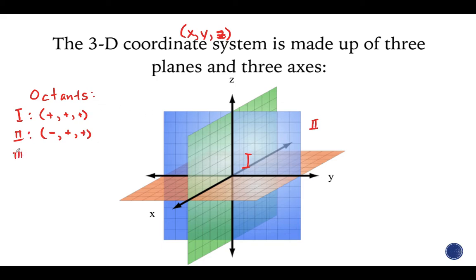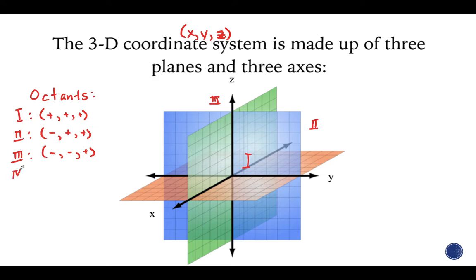Octant 3, all right, well, again, we're basically rotating around our XY axis, just like we do with our coordinate system. So in octant 3, we have a negative X, a negative Y, and a positive Z, right? So we're sitting back here, so to speak, right above the orange, but behind the blue, behind the green, all right?